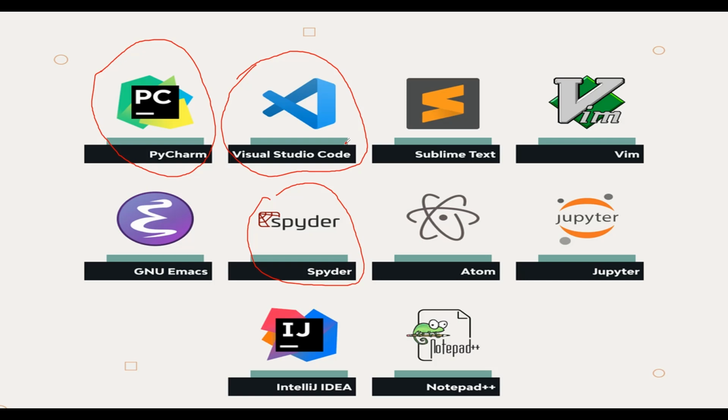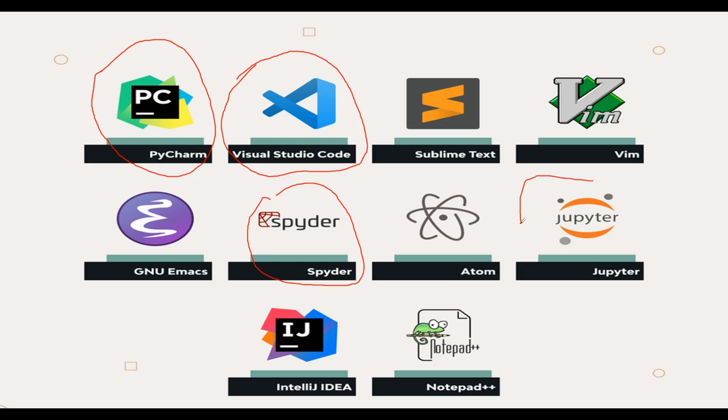It offers extensive support for Python development through various extensions such as Python, Pylance, and Jupyter. VS Code provides features like IntelliSense, code completion, debugging, version control integration, and customizable themes and extensions, making it a versatile choice for Python developers.